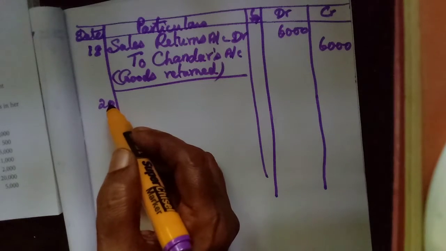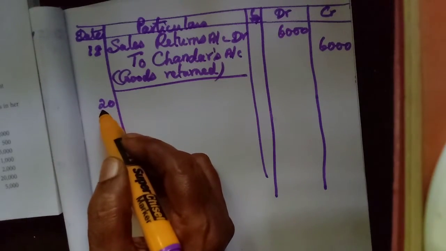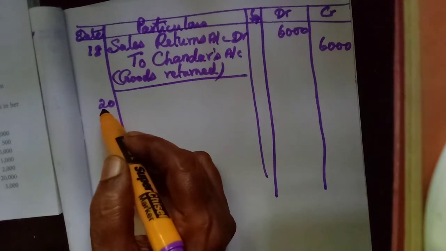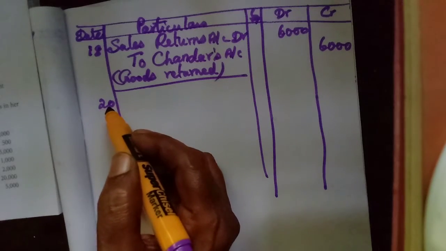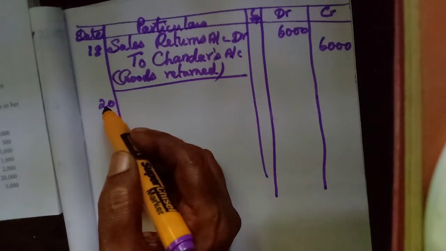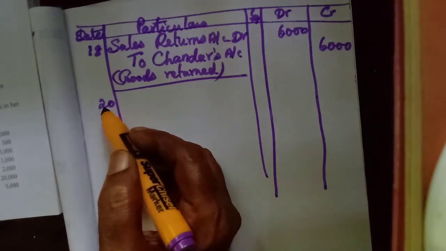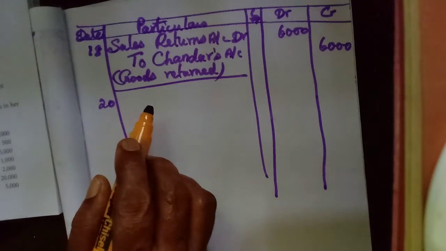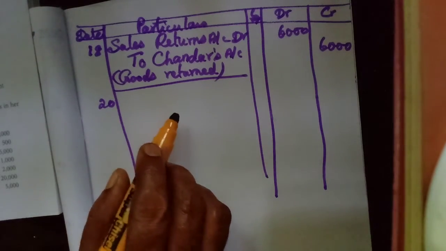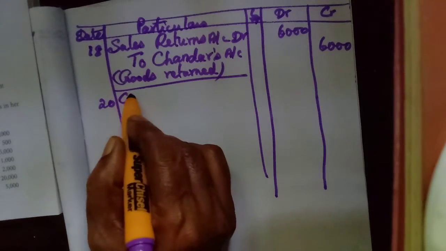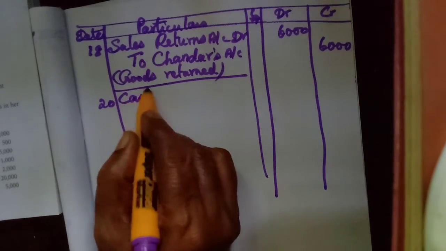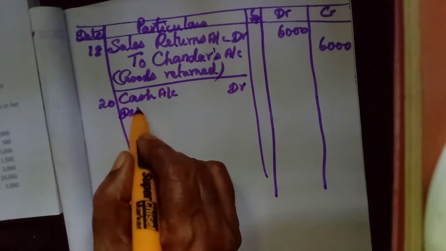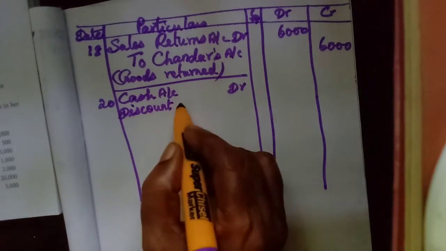Then after 18, 20: received cash from Chandar in full settlement. So we are receiving cash. Actually, we sold goods for 30,000 to Chandar. He returned goods worth 6,000, so the remaining 24,000 is there. In full settlement means the remaining 1,000 we are giving as discount. Discount allowed. So here it is a compound entry. Cash account debit. The discount we are giving is called discount allowed account.